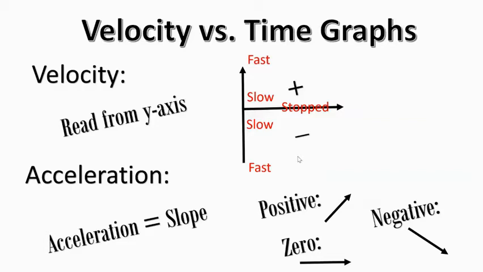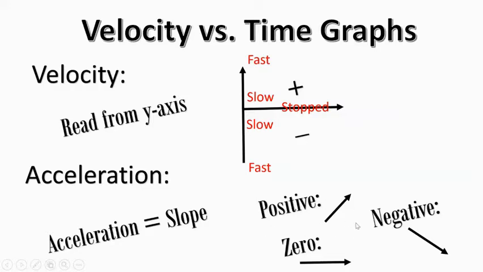So just by looking at where the line is, you can tell whether it's a positive or negative velocity, and whether it's fast or slow by whether it's close to the middle line or far away. And then you can tell the acceleration by looking at the slope. The slope of the line is equal to the acceleration.